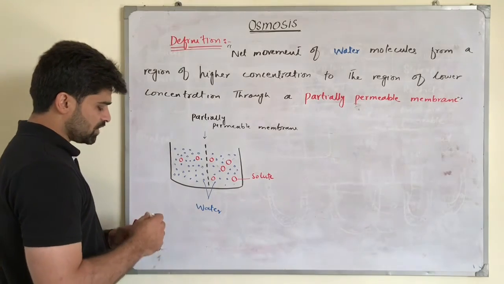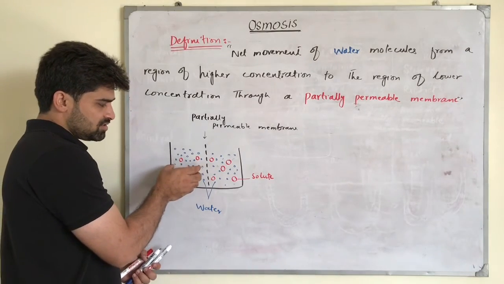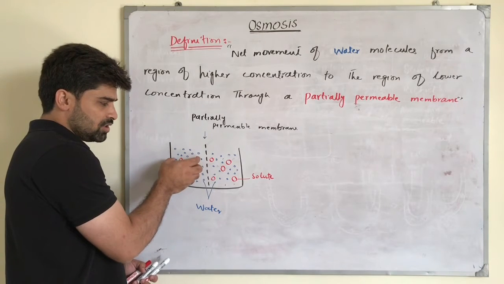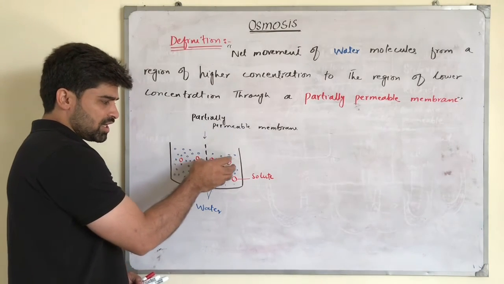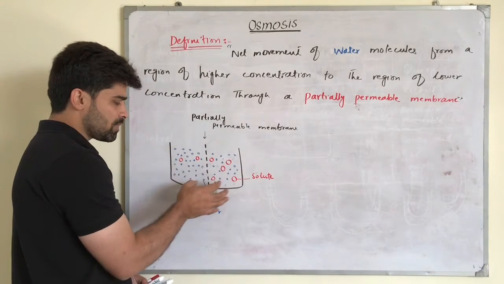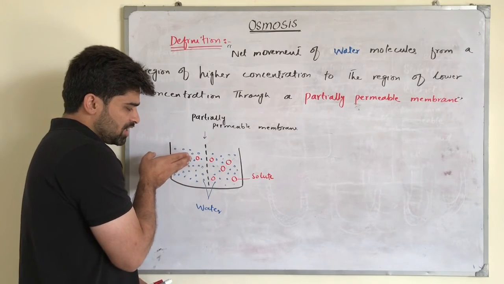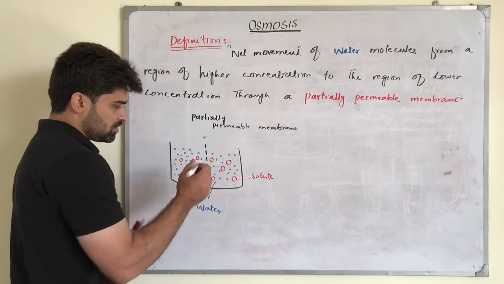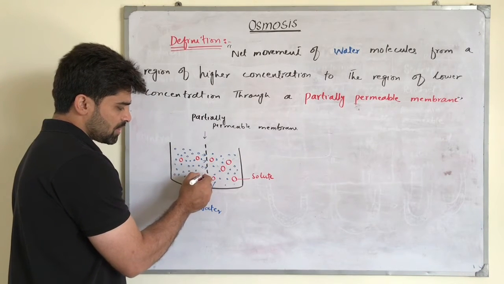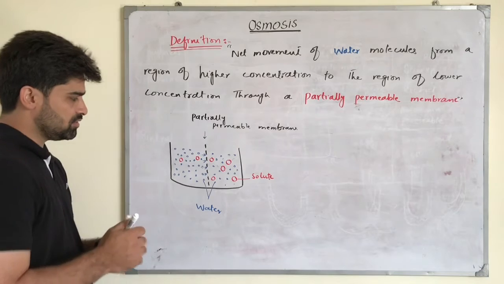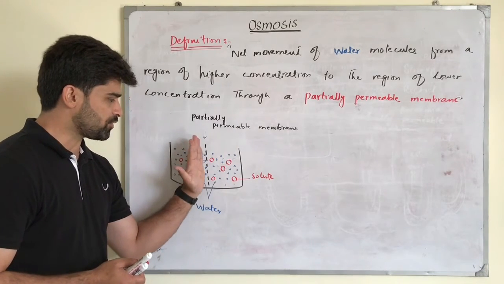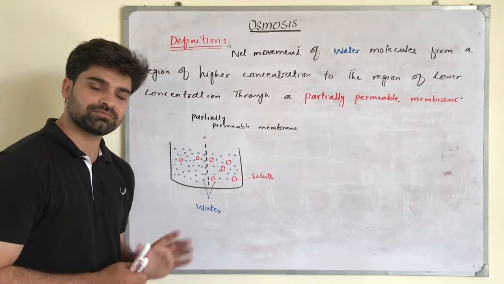So in this box water molecules are high and solute molecules are low, and in this other case the solute molecules are high and water molecules are low. So the water molecules will try to move from the left side to the right side of this box through the partially permeable membrane.